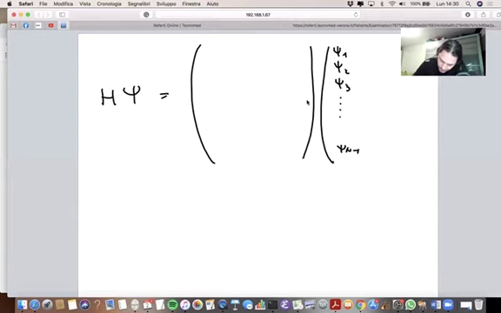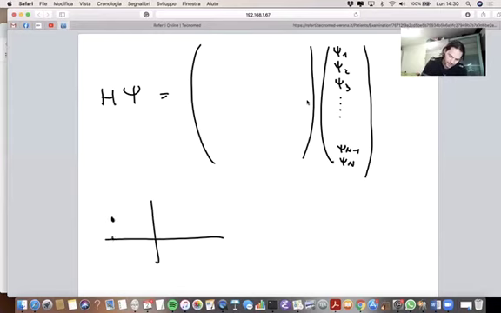I'm putting in a column all the discrete points that define my function: psi 1, psi 2, psi 3, and so forth. I'm putting that into a column. And now look at here.